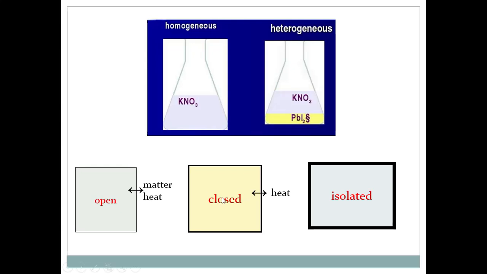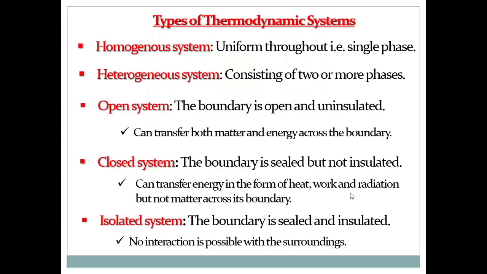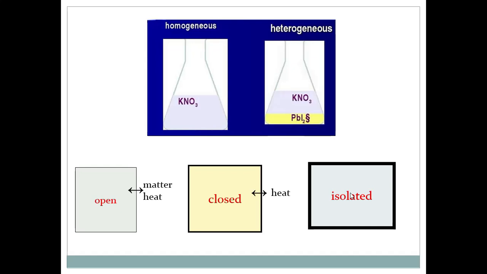For a closed system, only energy will cross, but matter won't cross. And then for an isolated system, nothing can cross, not matter, not energy. So no interaction between the system and the surrounding.